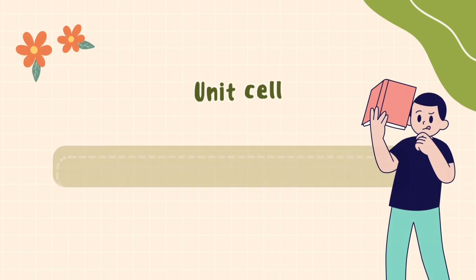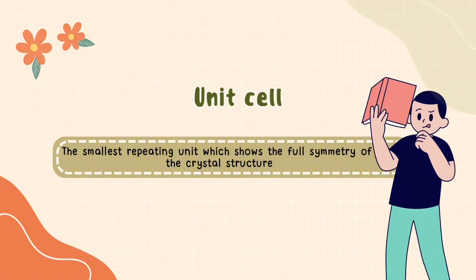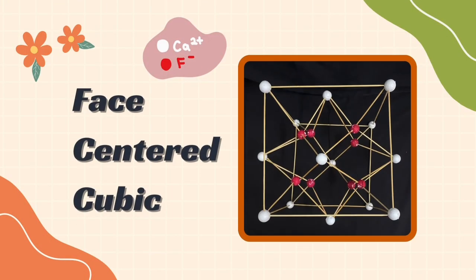Unit cell is the smallest repeating unit, which shows the full symmetry of the crystal structure. For fluorite, the unit cell is face-centered cubic. In the case of fluorite, calcium atoms form the face-centered cubic arrangement, with fluorine occupying the 8 tetrahedral sites. Each calcium is coordinated to 8 fluoride anions F-, which in turn is surrounded by 4 Ca2+ cations.